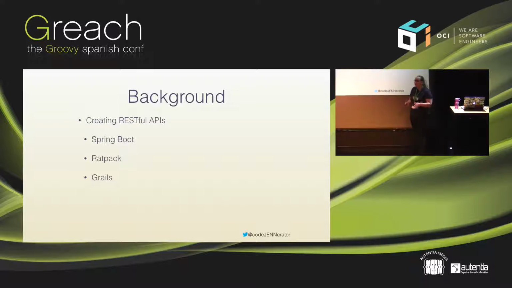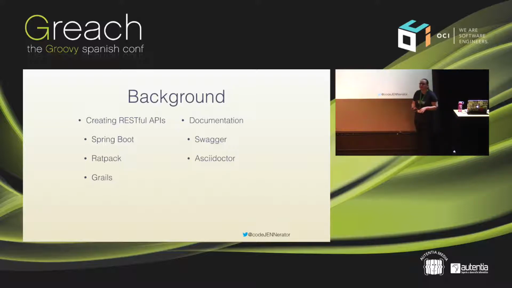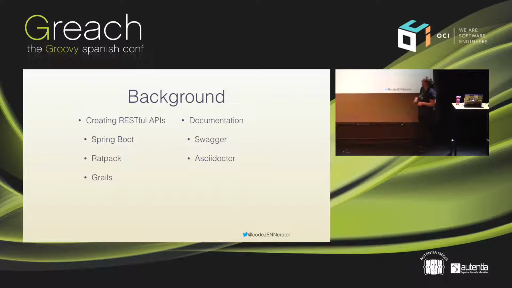So when you create an API, what do you use for documentation? And of course, this isn't an inclusive list, but how many people have used Swagger and or some kind of other code-generated documentation? Okay, probably about half.